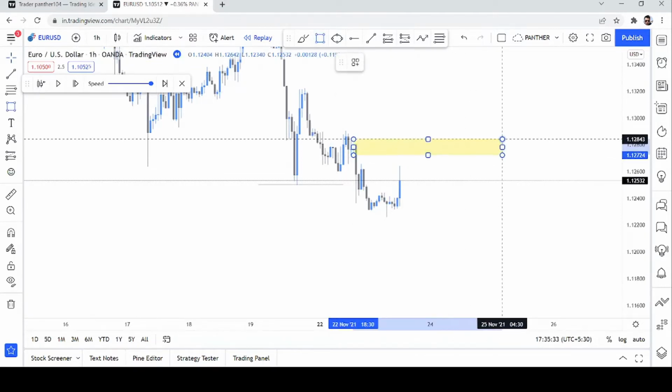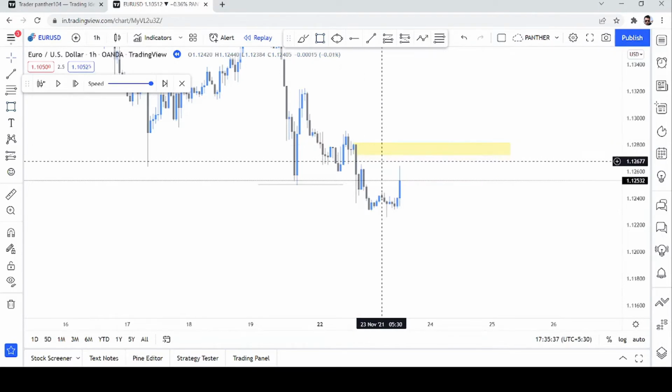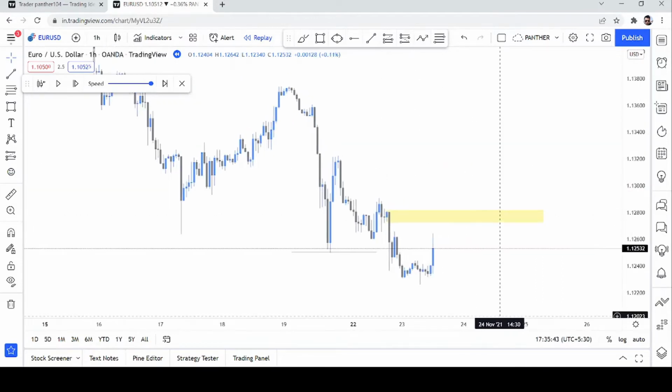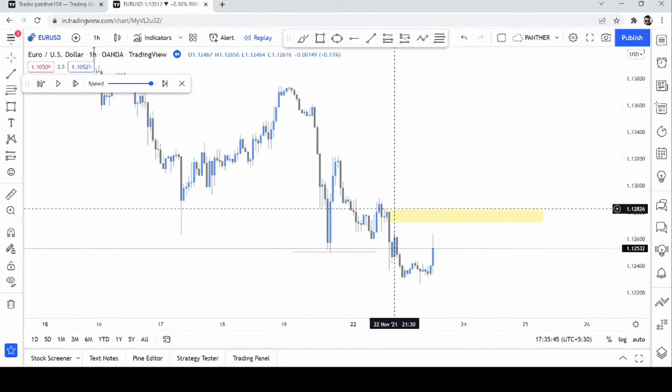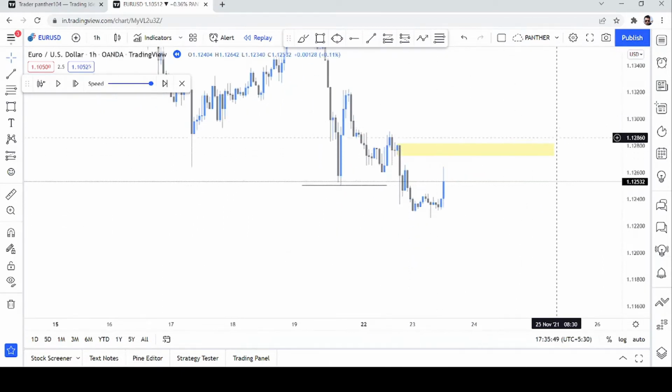So in choosing the zones, I have already put out a video on order blocks. If not, I will be putting out another one. This break of structure is coming from this zone. This is your second box.